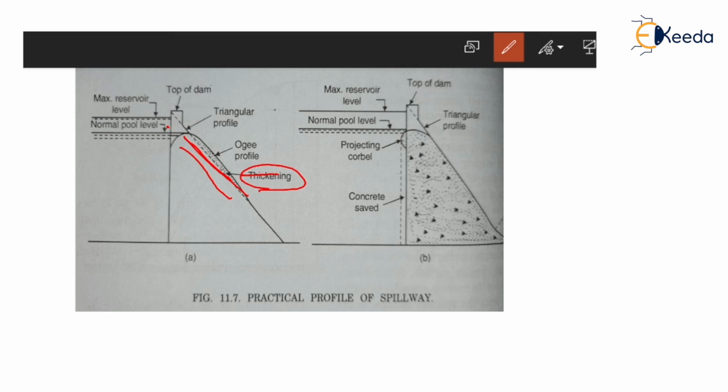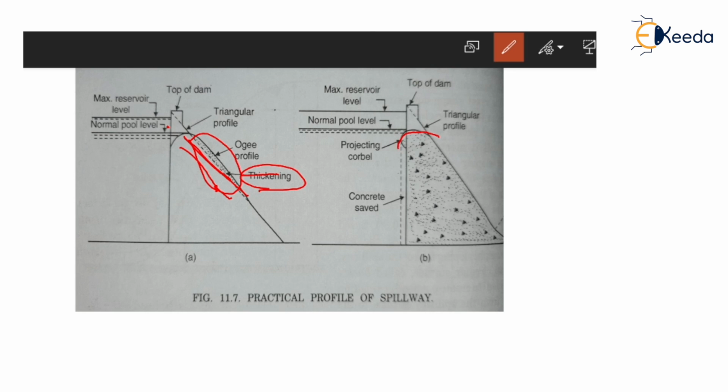So we should avoid this by designing the Ogee profile and getting the practical profile of a spillway. So generally, this thickening can be saved by shifting the curve.